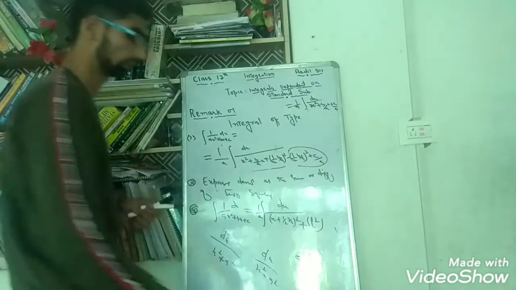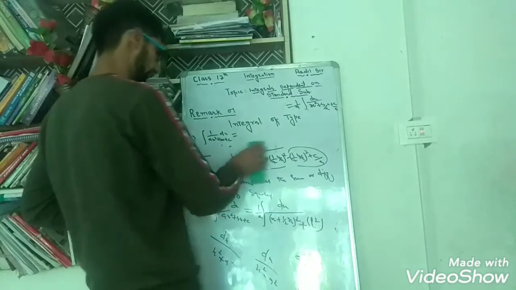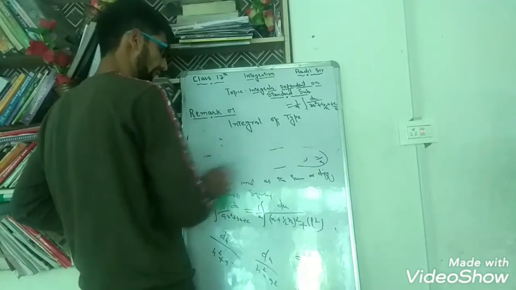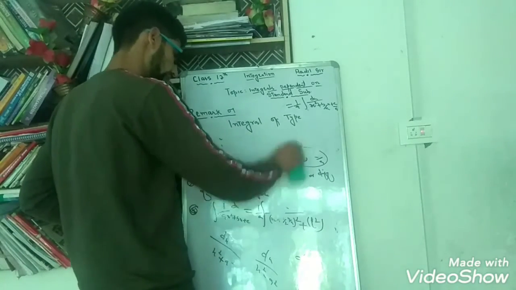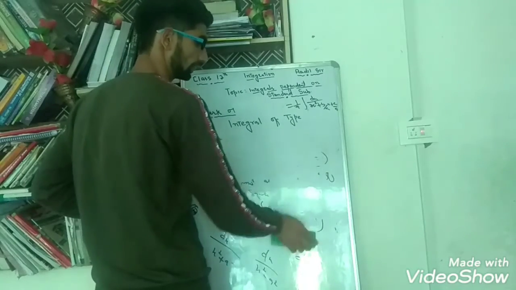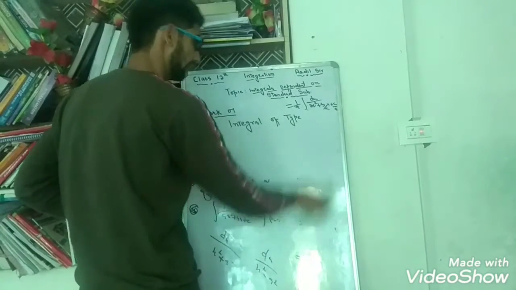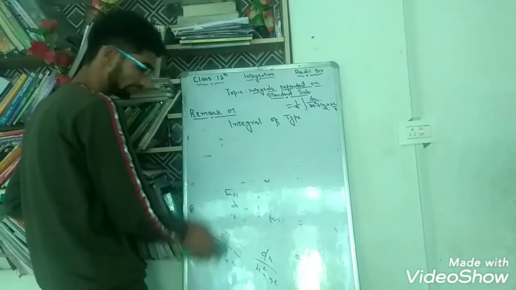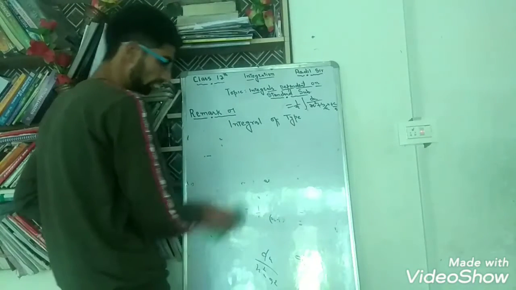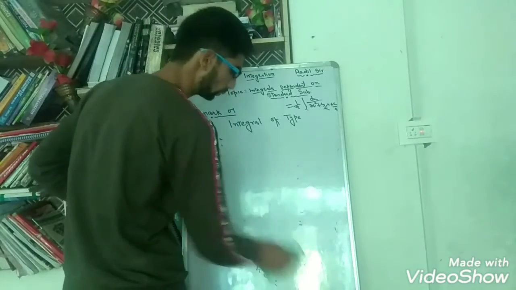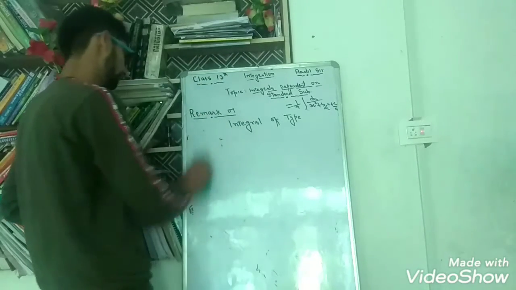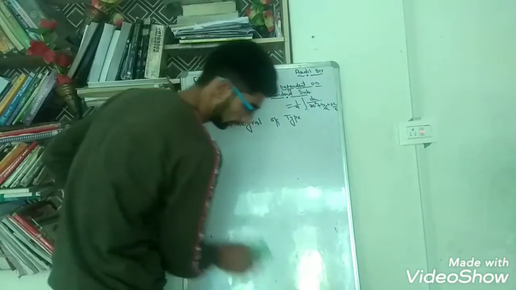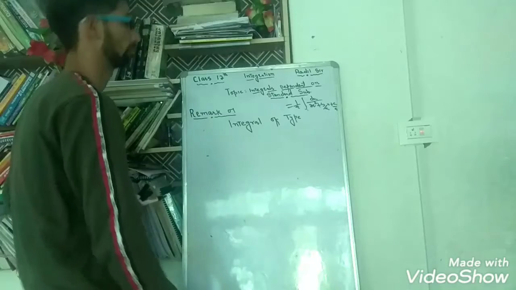So what have we done, beta? If we have an integral of the form dx divided by a general quadratic expression, then we have to solve the quadratic by the method of completing the square, and after making the denominator a sum or difference of the squares of two numbers, we apply the three general formulas.